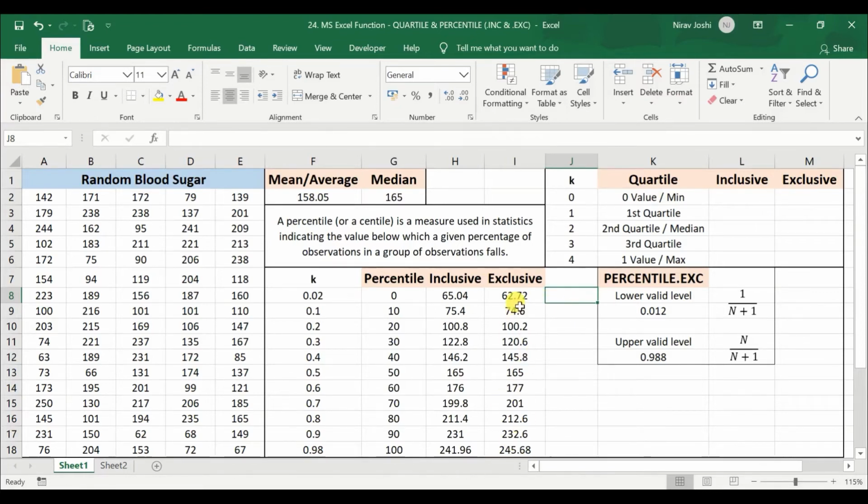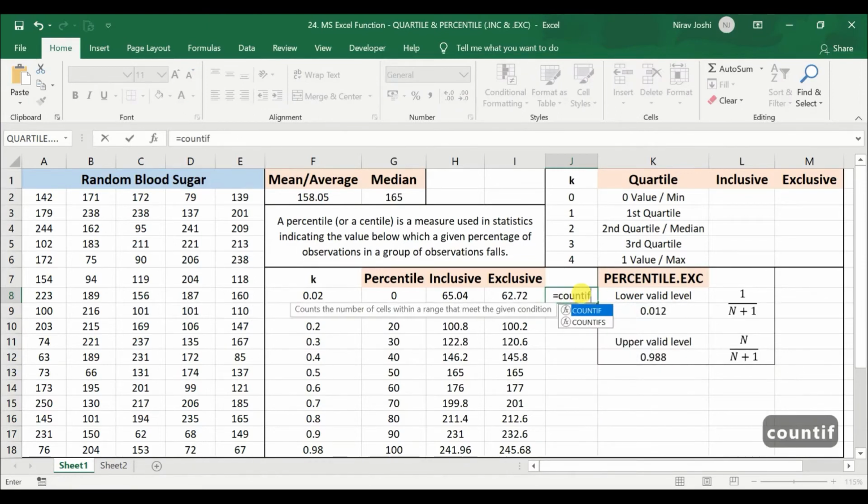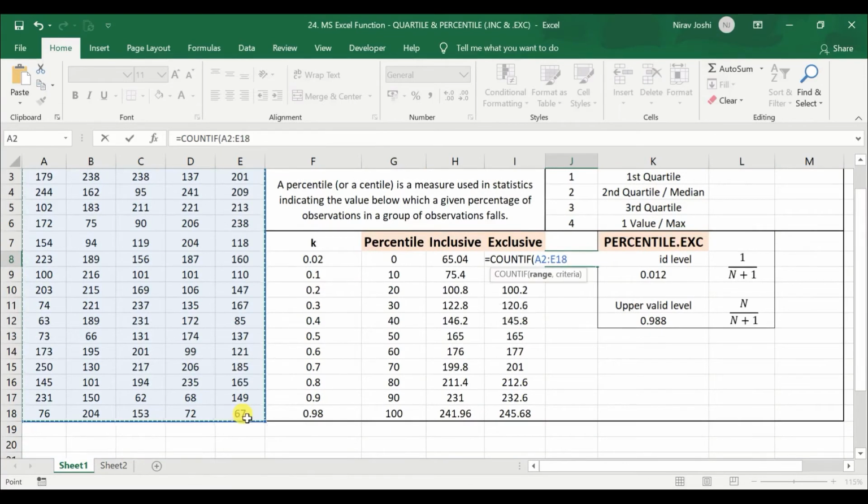For that, we will use the function COUNTIF. I would also like you to pause this video and calculate it in the practice sheet provided in the description. So we can use COUNTIF, select this whole range, make the range absolute, and we want the cutoff as the criteria, but we want to calculate how many observations are there below this specific cutoff.